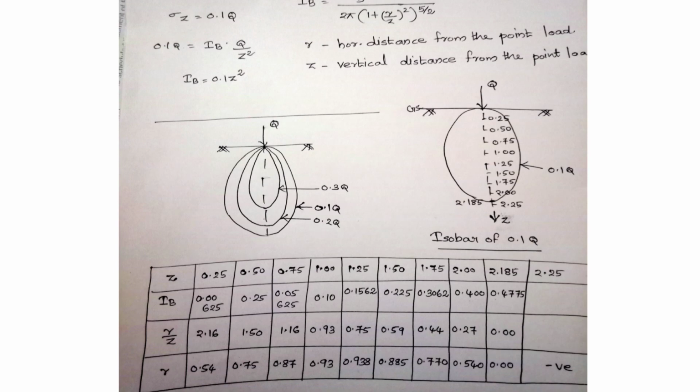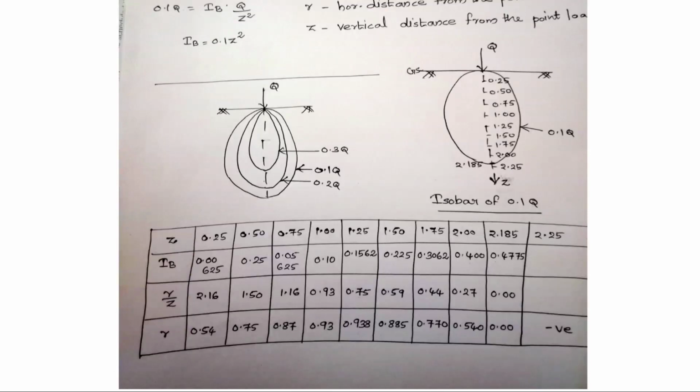So starting with z equal to 0.25, we will get an IB value of 0.00265, and for z value 0.5, we will get IB value 0.25. For z value 0.75, we will get IB value 0.05625.